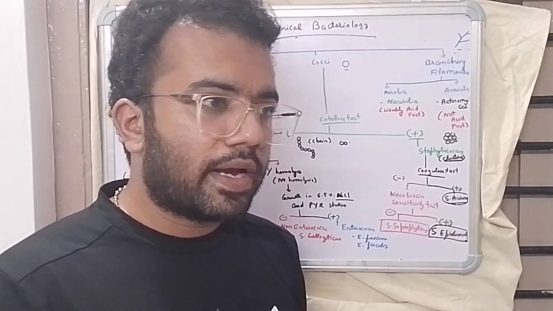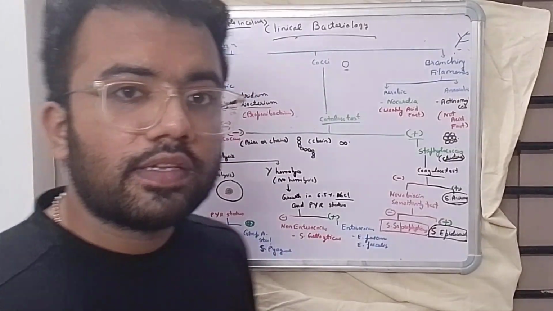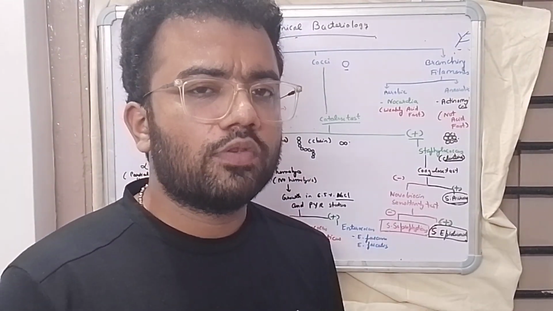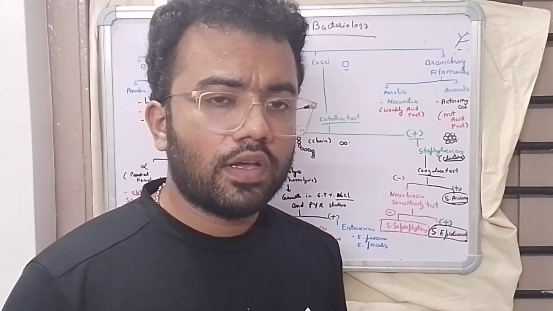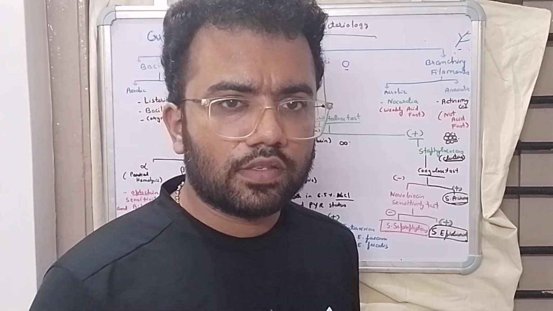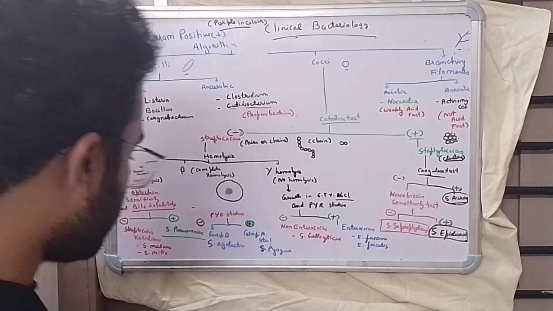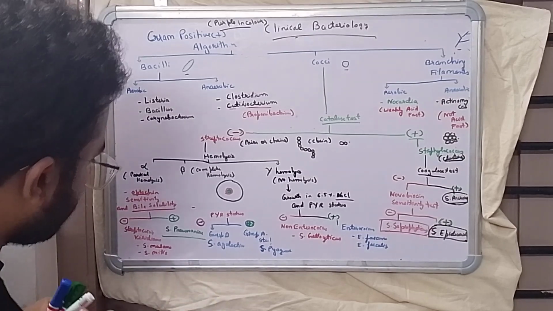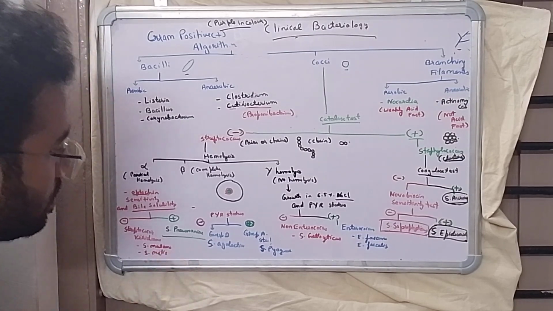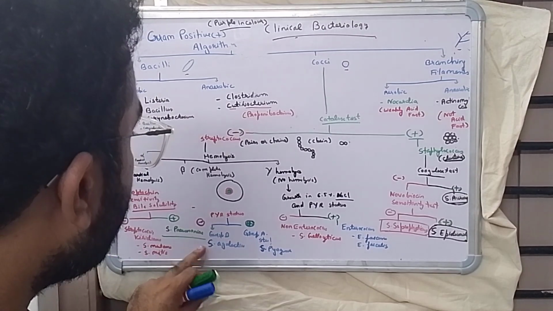Also, another bacterium under Streptococci viridans, S sanguinis, is also responsible for bacterial endocarditis. They cause bacterial endocarditis via dextrans. That is the most important MCQ I talked about earlier.